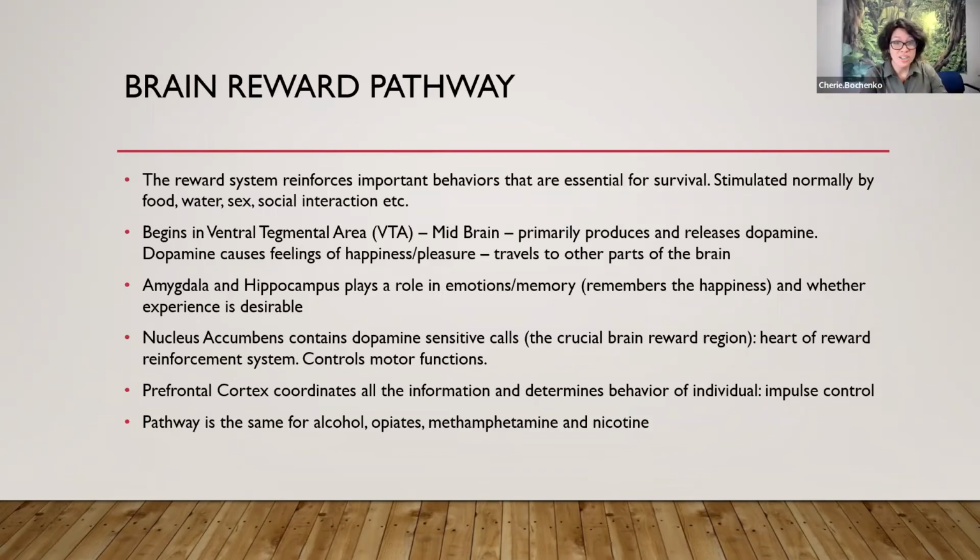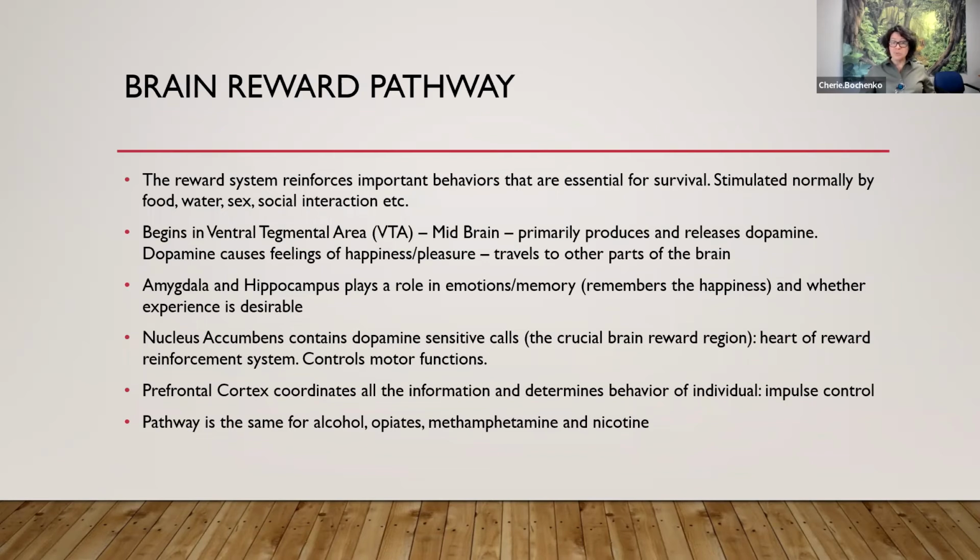So the brain reward pathway can be very confusing, and in the beginning, I used to try to explain it to the patients. And if there's no medical background, it's really hard to understand what's going on. The reward system reinforces important behaviors that are essential for survival, stimulated normally by food, water, sex, social interaction. It begins in the VTA, which is the midbrain, and it primarily produces and releases dopamine.